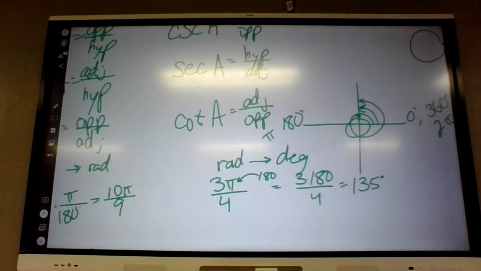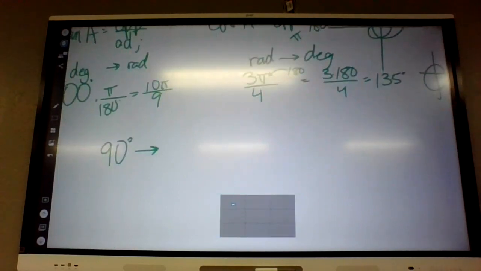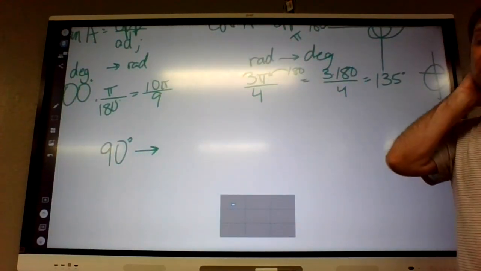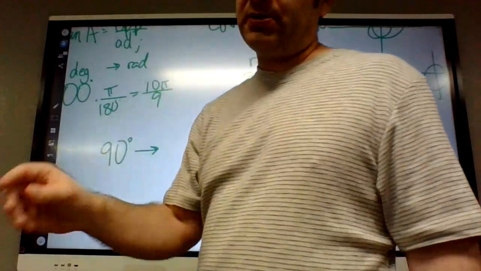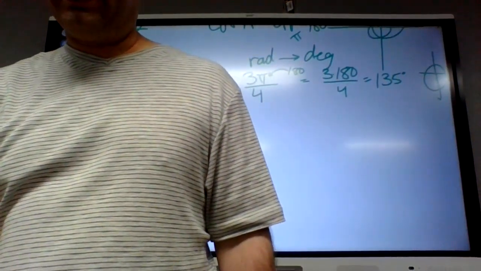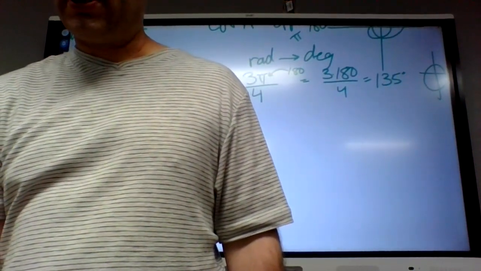If you go a full revolution, it'll stop at the same spot, right? Like 0 is the same spot as 360. Those are coterminal angles. So you can add 360 or subtract 360. I think I got pretty much everything. That's pretty much it.